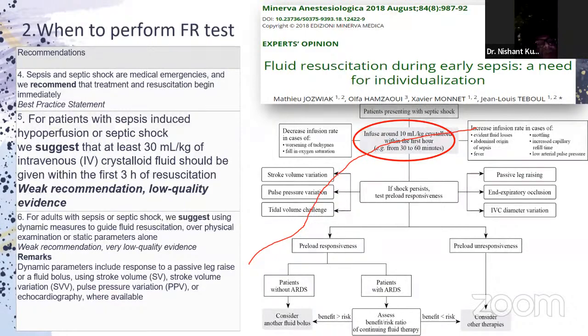Now, the Surviving Sepsis guidelines also say that 30 ml per kg over the first 3 hours is a weak recommendation with a low quality of evidence. So by giving so much fluid, we might actually be causing harm rather than benefit to the patient, right? So whenever possible, please perform dynamic parameters so that we can have a better performance.